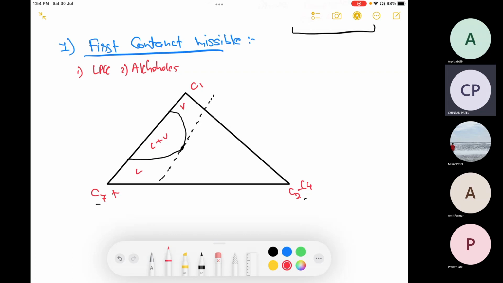Which is the major component of LPG? I think butane. Okay, propane and butane are the major components in LPG.